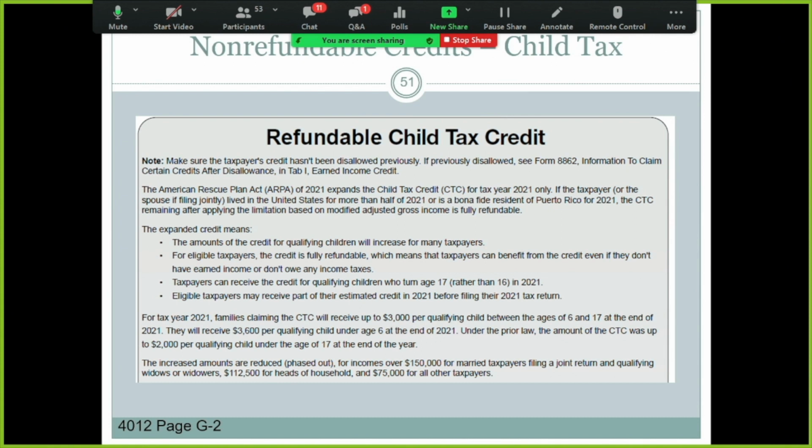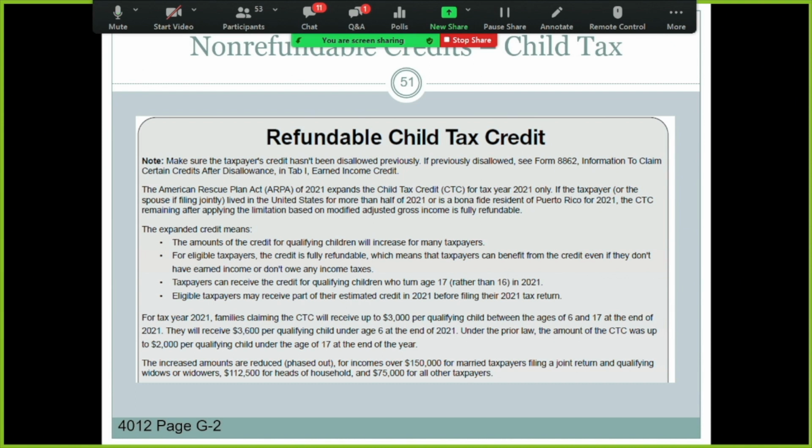And many taxpayers received that advanced tax credit, $250 per child under age 6 and $300 per child over age 6. And that has to be accounted for on the tax return.